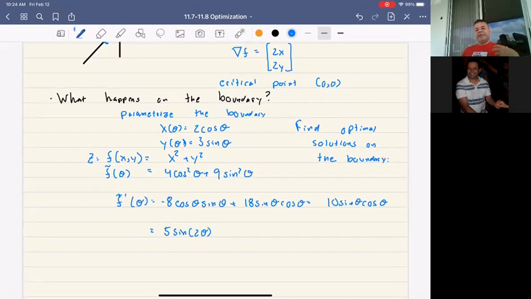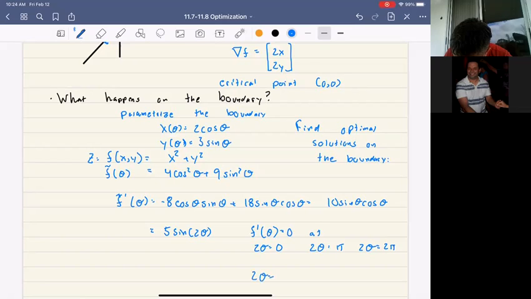Okay, so when does f prime equal 0? That's at 2 theta equals 0, 2 theta equals pi, 2 theta equals 2 pi, 2 theta equals 3 pi, and 2 theta equals 4 pi.